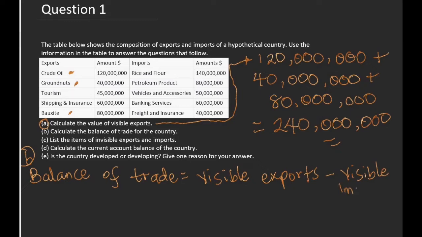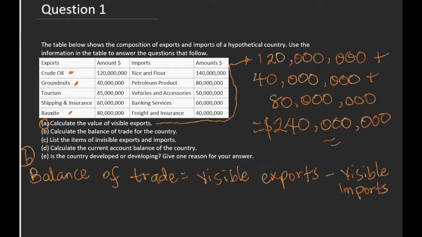Please take note of this formula. Again, balance of trade is the total value of visible exports minus total value of visible imports. Visible exports, I've already solved for that. That is $240 million.